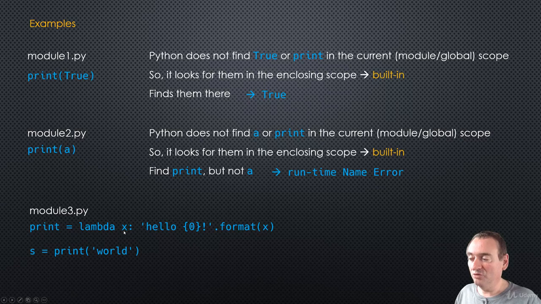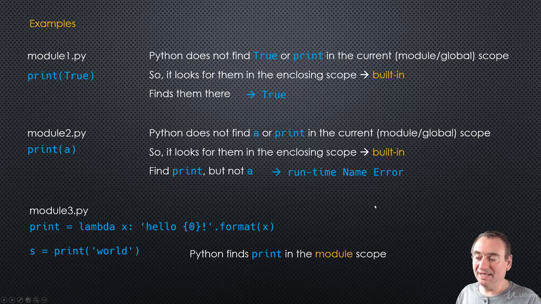And it's going to take in a single parameter, and it's going to return this string, hello, and then whatever the parameter was. So now if we say s equals print world, it's not going to call Python's built-in print function, because Python is going to say, oh, you want print. Well, let me look in the current scope, which is the module scope. I found it. All right, I'm going to use that. So it uses the print function. And so what happens here is that we've essentially overridden what Python's print does, right? Where we've changed the meaning of print.